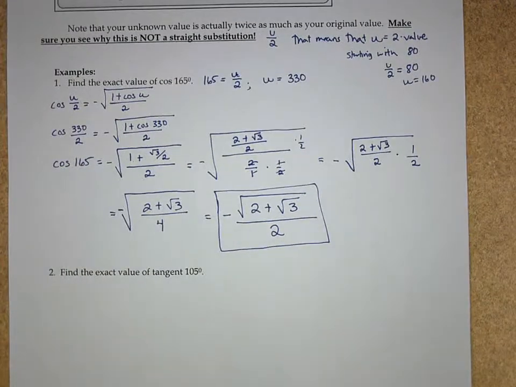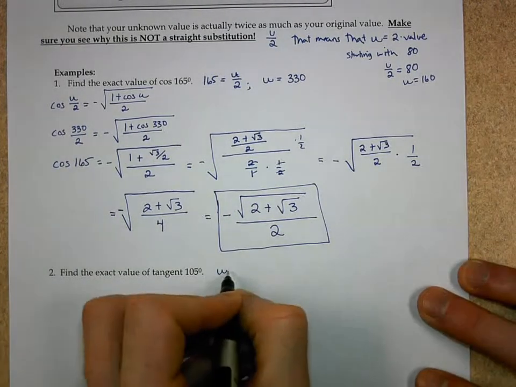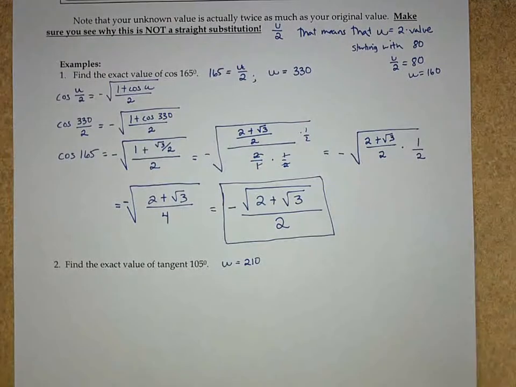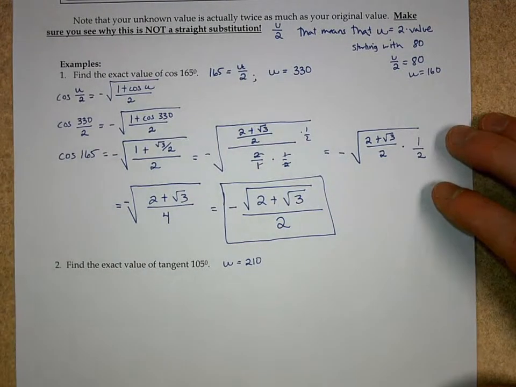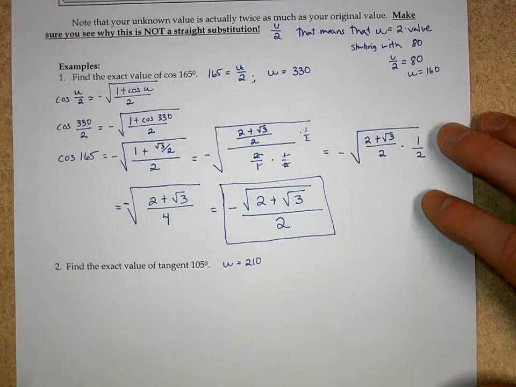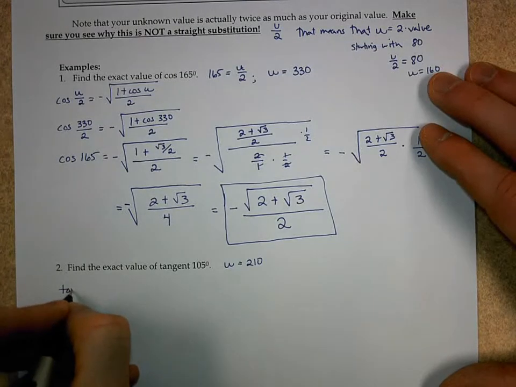Example number 2, finding the exact value of the tangent of 105. So since I wanted to find 105, u is going to be 210. So our tangent formula, we've got two different options right here. I'm just going to choose the first one, 1 minus the cosine of u over the sine of u.